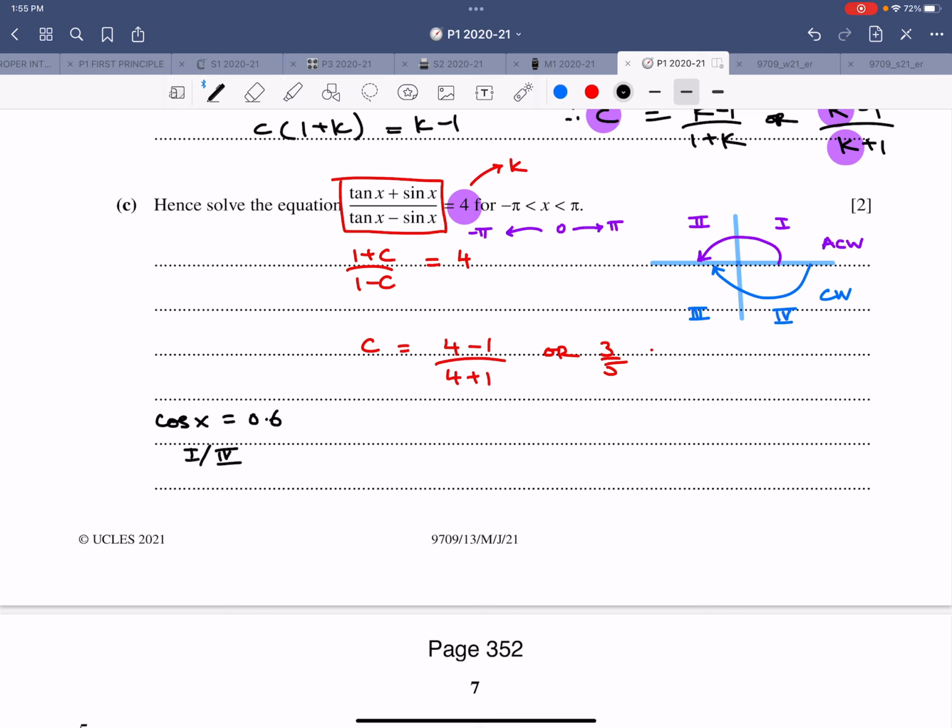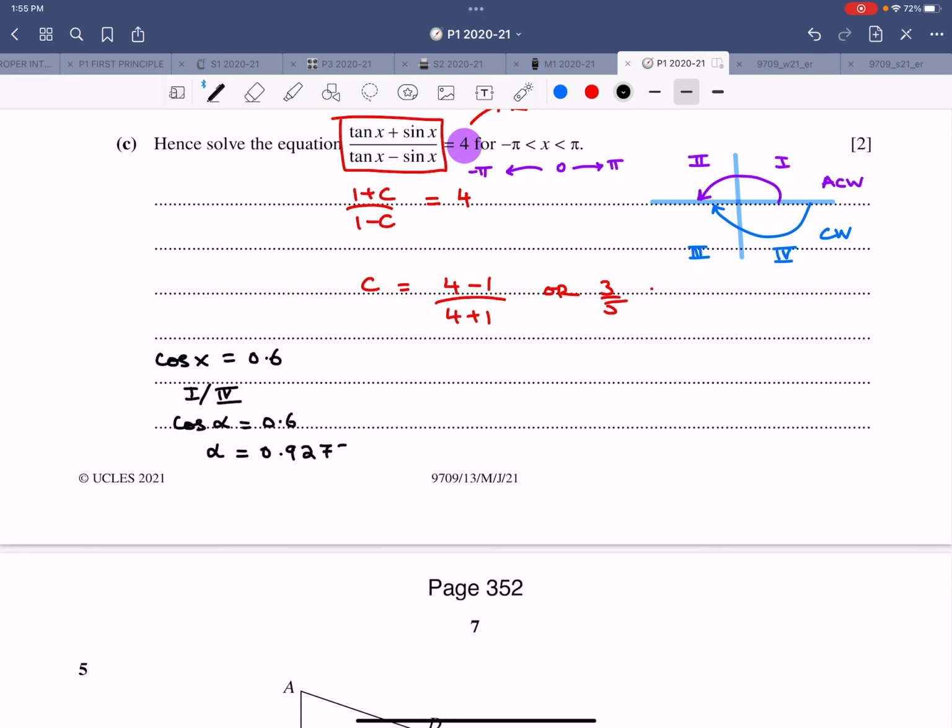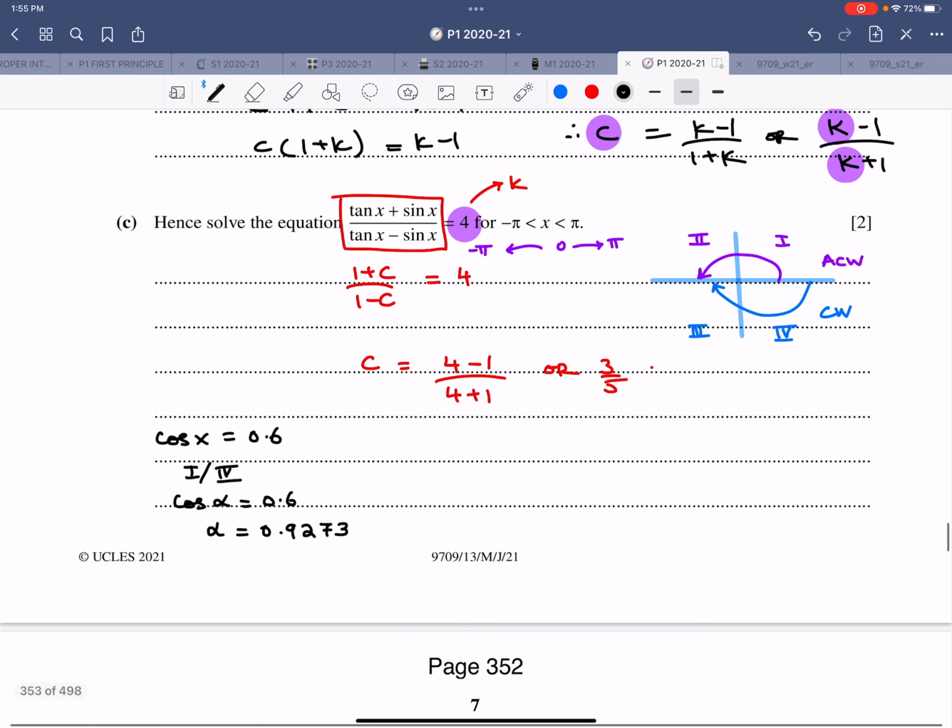And what else is there? Basic angle. So you would write cosine of alpha is 0.6. Therefore, alpha is, I think it's something like 0.92 something, but I should use the calculator rather than basing my result on my memory. So this is radians. 0.6 and inverse cosine gives 0.9273. So the final answer, one of the angles x is 0.9273.